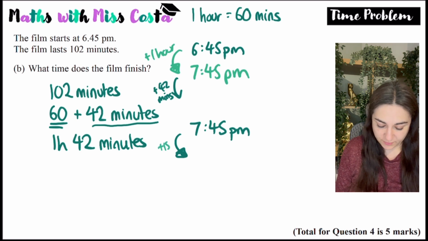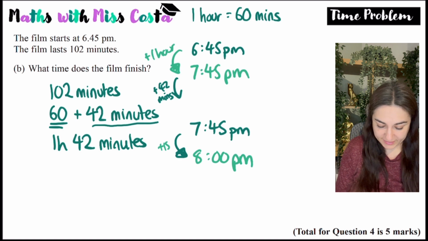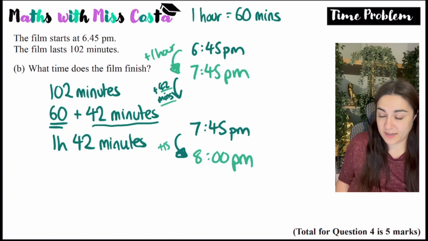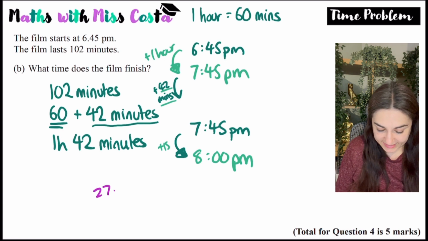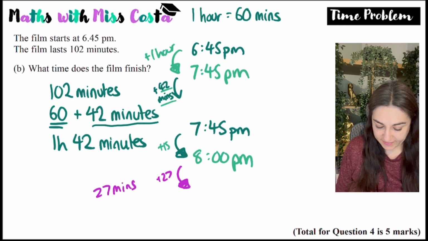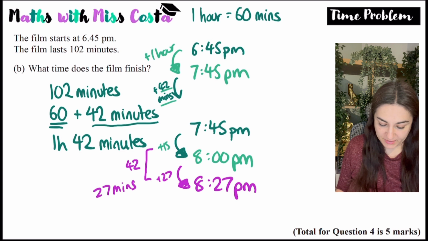So if I add on 15 minutes, that takes me to 8 p.m. So from 7:45, I had to add on 42 minutes. I've added on 15 minutes. So if I do 42 take away 15, that leaves me with 27 minutes left. So then I know I have to add on 27 minutes because 15 plus 27 makes 42 in total. So that would take me to 8:27 p.m.